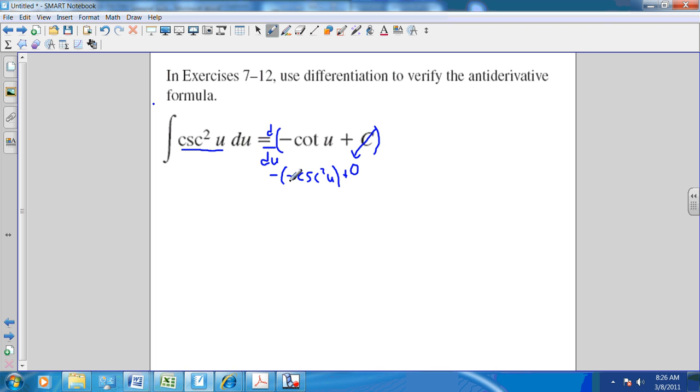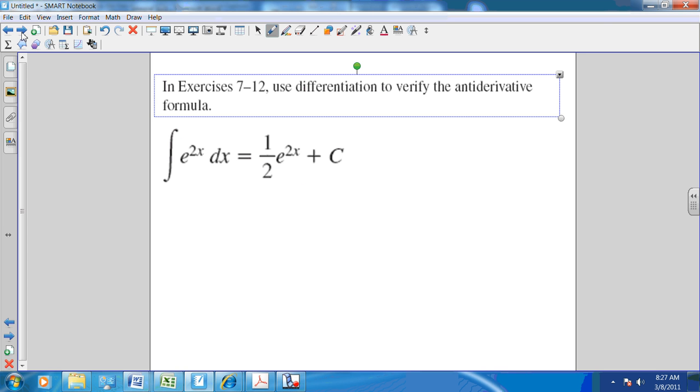So negative cosecant squared is positive cosecant squared. So yes, the derivative of this side does equal the integrand of this side. That's all an antiderivative is: what derivative gets me this integrand.